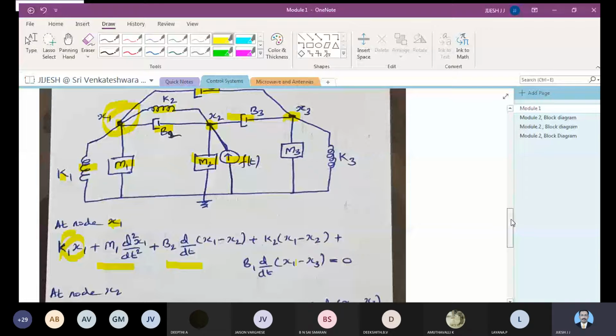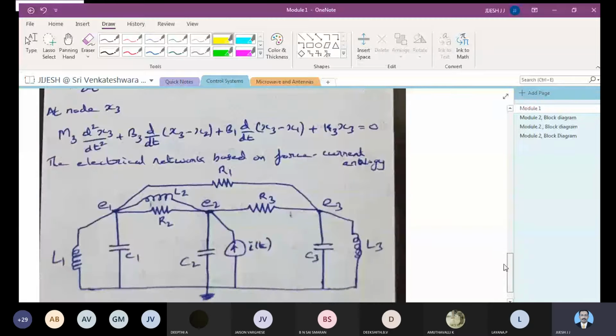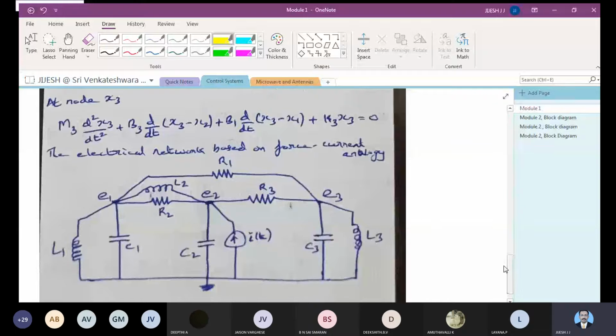So this is what the force current analogy is all about. From the equations, you have to write the force current analogy, and you will get these terms E1, E2, and E3. Then, as per the figure and equations, you replace the components in this form.